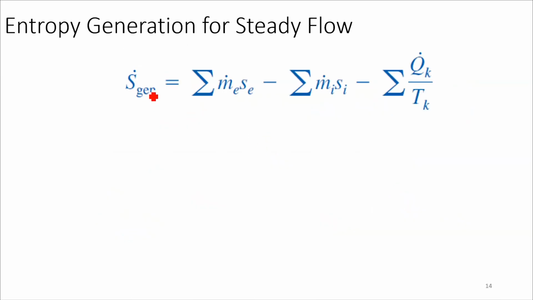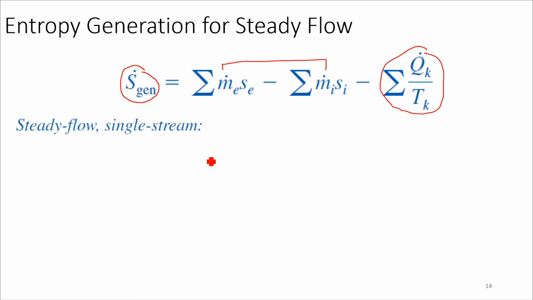Now you need to know that you have a steady flow system, so the rate of change in entropy of the system per unit time would be 0, and the entire rate of entropy generation would be equivalent to the rates at which masses are coming into the system with corresponding entropies, and the rate at which heat is entering and leaving the system at their particular specific temperatures.